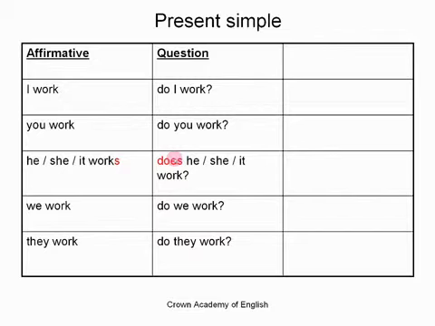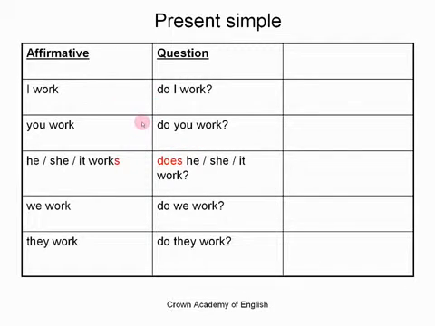We put that before the subject. And we go back to the infinitive, so the actual verb takes the infinitive form. So we take off the letter S and we go back to the infinitive. So we have does he work, does she work, does it work.